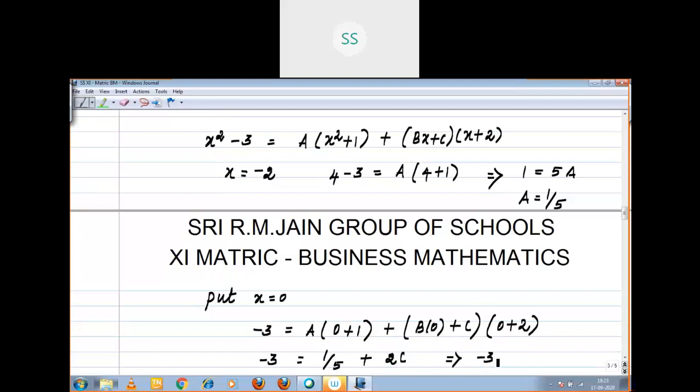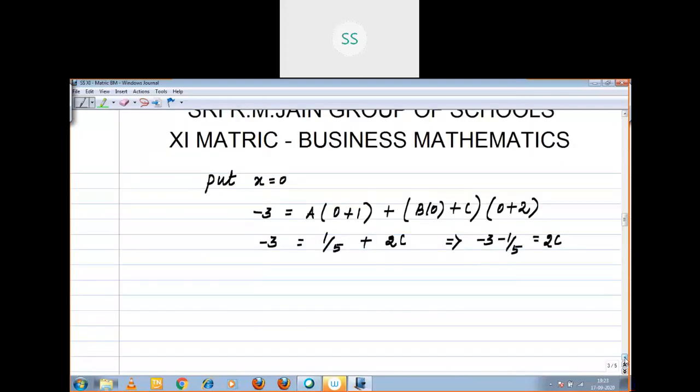Got it, children? Which implies minus 3 minus 1 by 5 equal to 2c. How to take LCM?